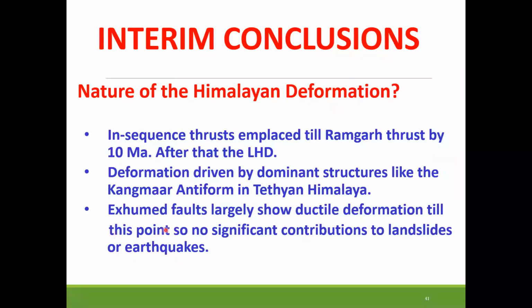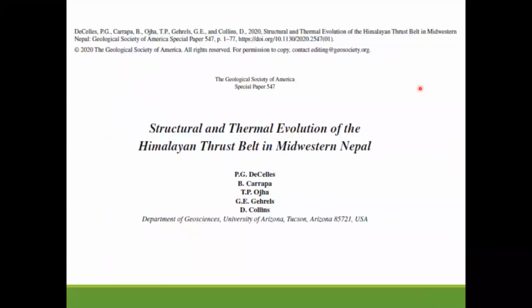So, no significant contribution to landslides. Essentially, when you put together all of this, there is a special paper by Bissell et al. in which they've summarized all these structures.